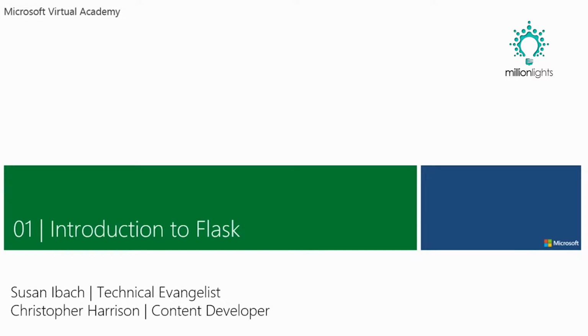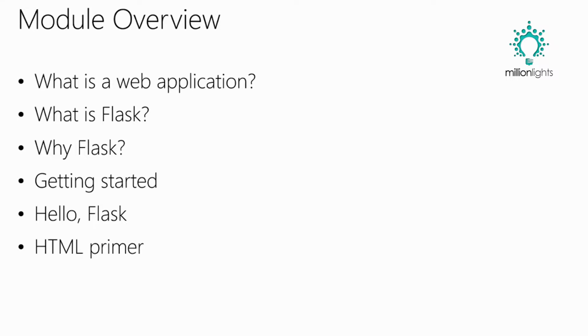Okay. What do you say we talk about Flask? Yeah, I think that's enough intro. Let's get into the meat of this. So let's go ahead and introduce Flask. What we want to start off with is really just some level setting here. So what is a web application? Kind of start there. And then what is Flask? Why did we go with Flask?